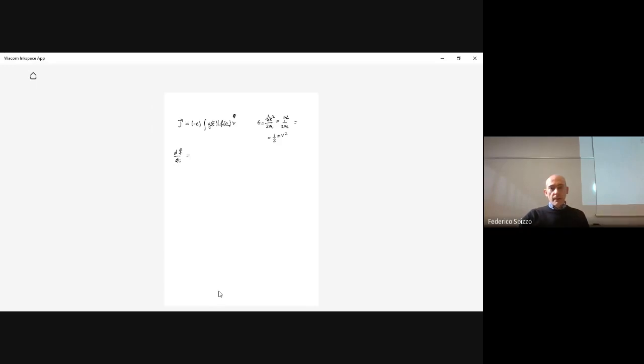The distribution function tells us the average occupancy of one given level. If you fix the quantum number that identifies one level, then f tells you how many electrons are expected to be in that level. What is the physical mechanism that may affect the number of electrons that you have in one level? That mechanism is represented by collisions.